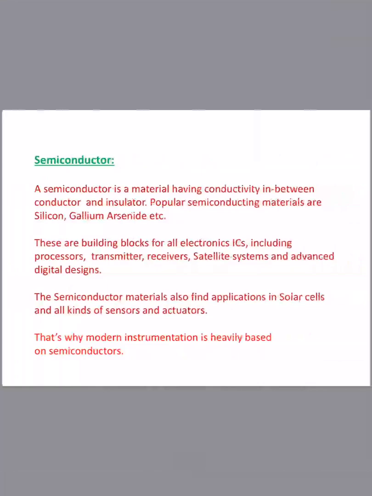A semiconductor, as the name suggests, is a material having conductivity in between a conductor and an insulator. Popular semiconducting materials are silicon, gallium arsenide, etc. These are building blocks for all electronic ICs, including processors and transmitters like Pentium processors, quad-core processors, i3, i5 processors, AMD processors, Snapdragon processors, transmitters, receivers, satellite systems, rocket propulsion systems, advanced digital designs, media devices, etc. All are made up of semiconductors.